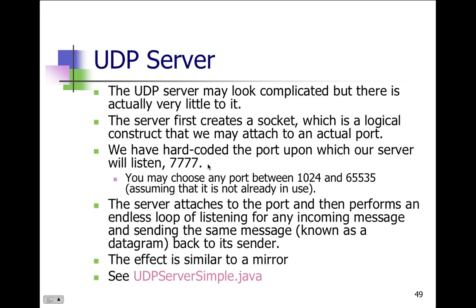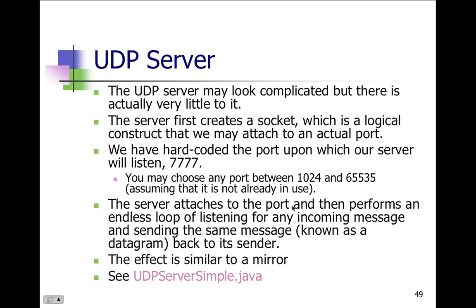You may choose any port from 1024 up, which are essentially the open ports, assuming it's not already in use by another program. If you test this multiple times, switch the ports, because you might have the port blocked by a thread that has died but is still attached to the port in your program. It's going to make your troubleshooting a nightmare.